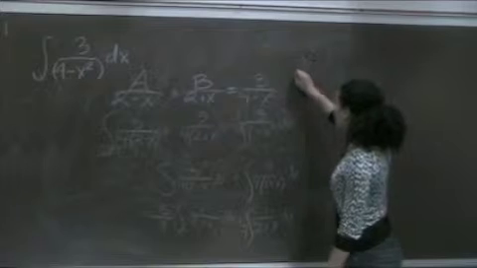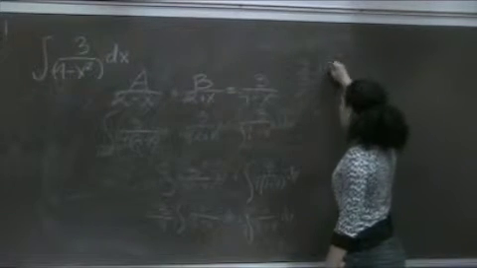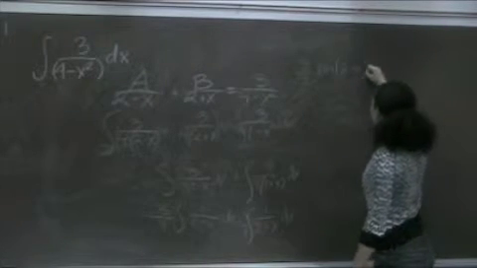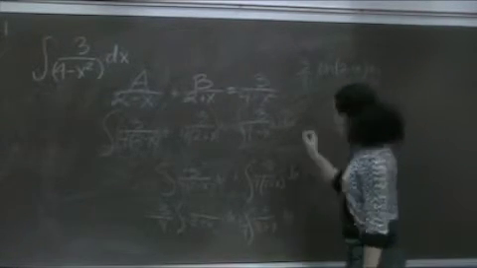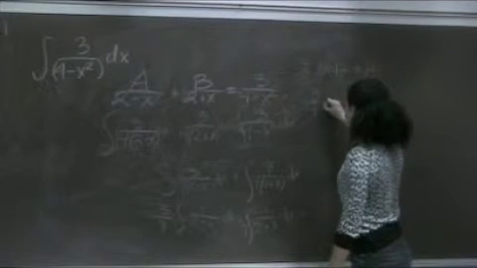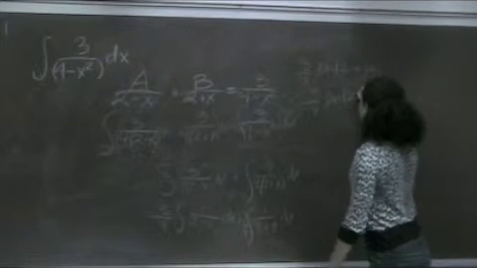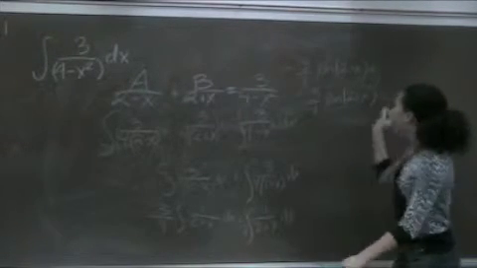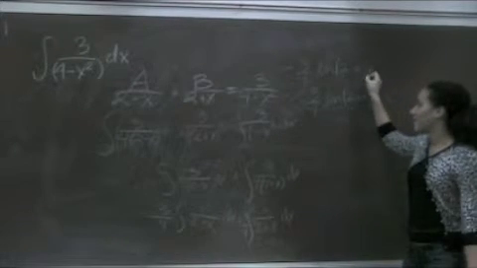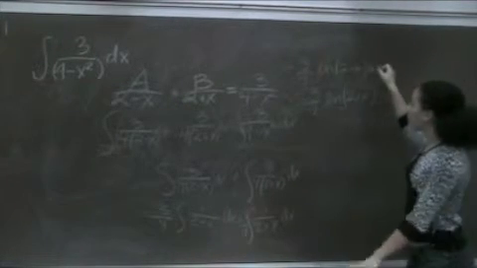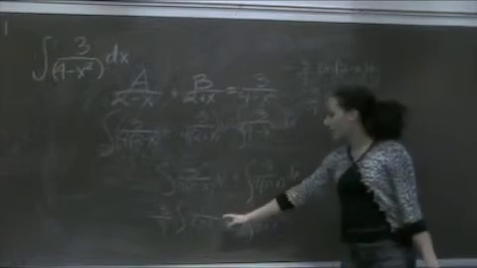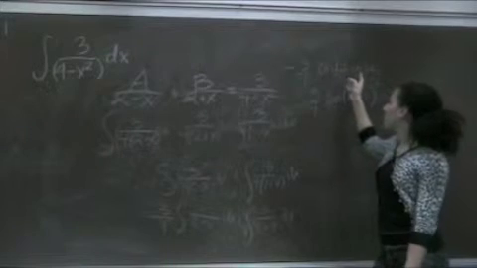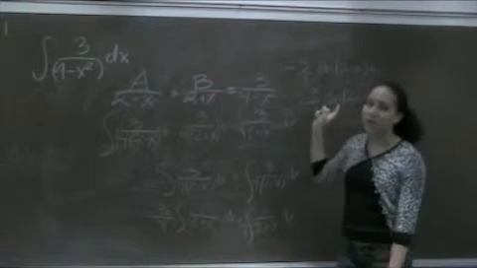So what we end up with is 3/4 times the natural log of 2 minus x plus 3/4 times the natural log of 2 plus x plus C. And to accommodate for the fact that there is a minus x in the variable part of the integral, we have to put a minus, because the derivative of this would require you to multiply by -1.